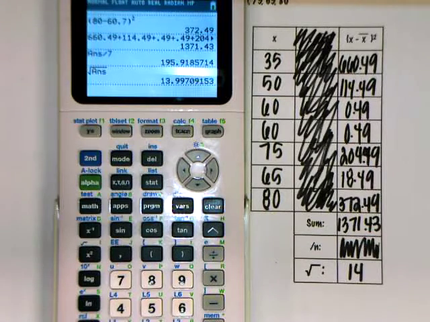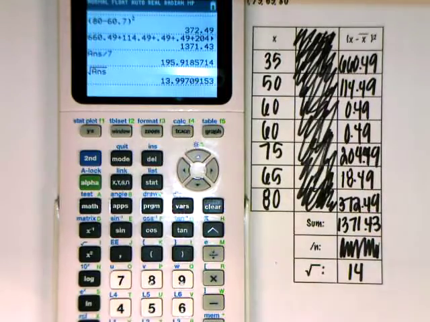All right, you guys don't try one on your own? Okay. So remember, parentheses, number minus mean, and then squared on the outside. Yeah, because it was 13.997, so all of it would just have to round to 14.